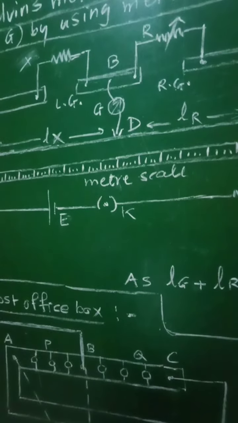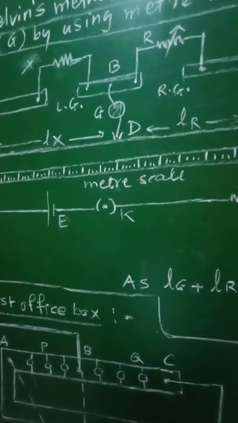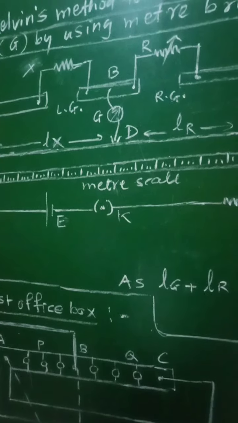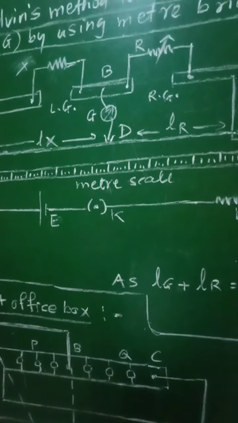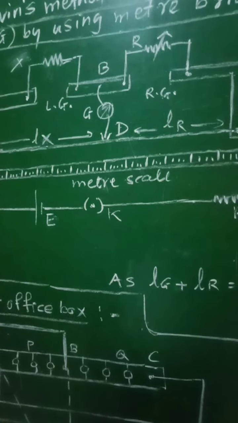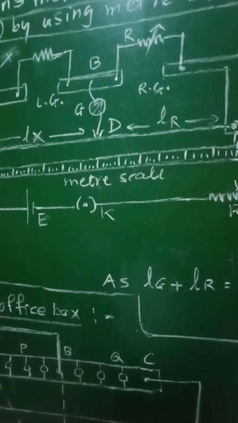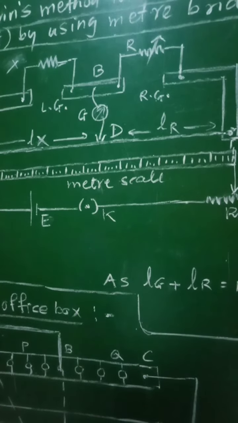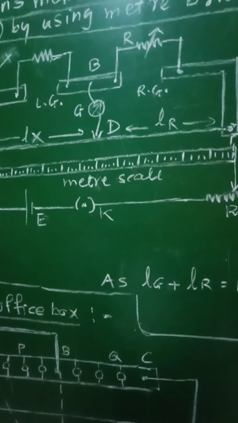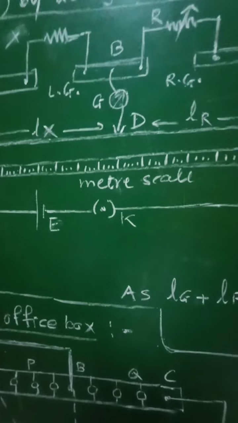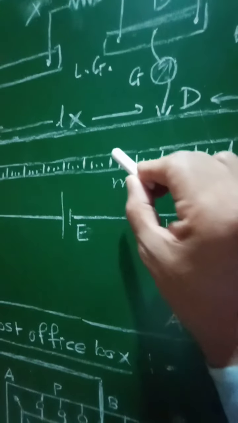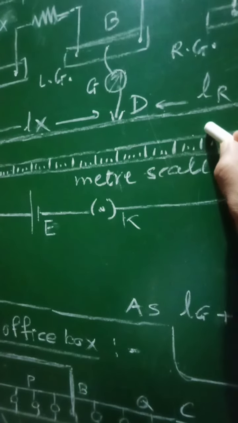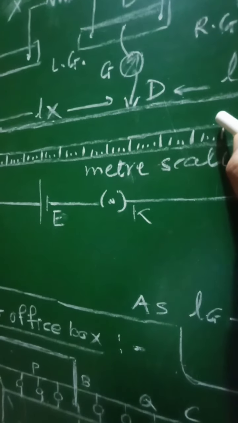So first one is the value of R is so adjusted that the null point is obtained in the middle of the wire, that is between 34 centimeter to 66 centimeter, so that the percentage error in the measurement of Lx and Lr is minimized. While measuring these lengths Lx and Lr, that error will take place.